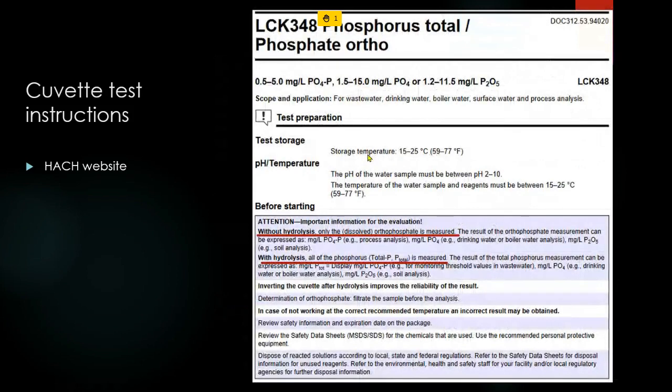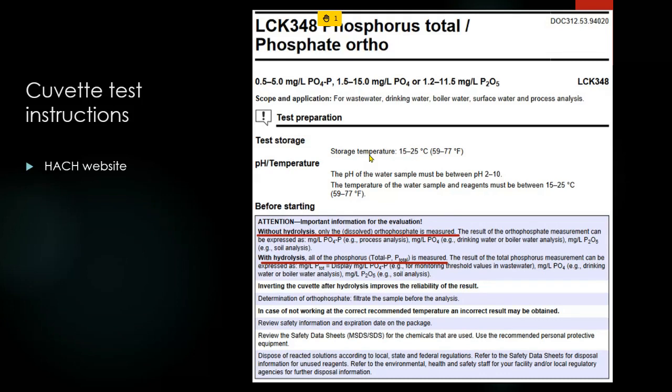The methods are slightly different. Orthophosphate is in the dissolved state. So if I don't use the thermostat and directly measure, I will get orthophosphate. If I use the thermostat, then I will be measuring total phosphorus. In fact, the phosphate in solution is in the form of orthophosphate.